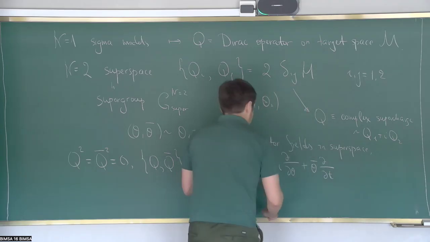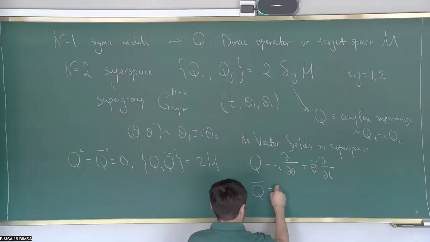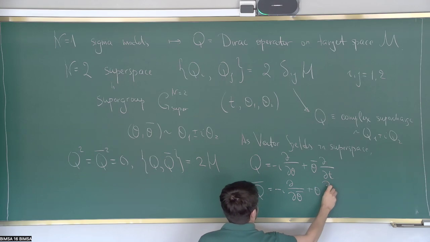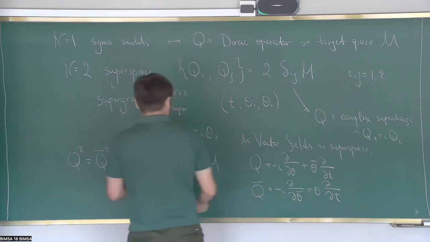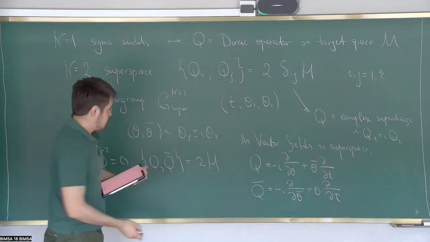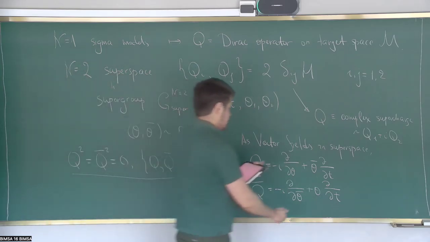And Q bar is minus i d over d theta bar plus theta d over dt. Then you can check that these differential operators, these vector fields, satisfy this algebra relation, where H is now minus i d over dt.